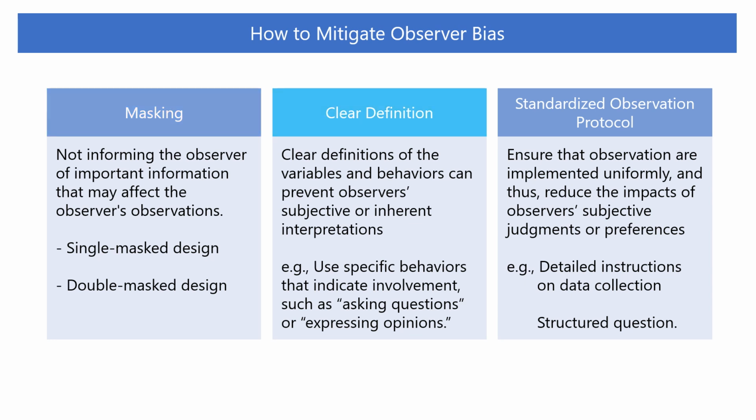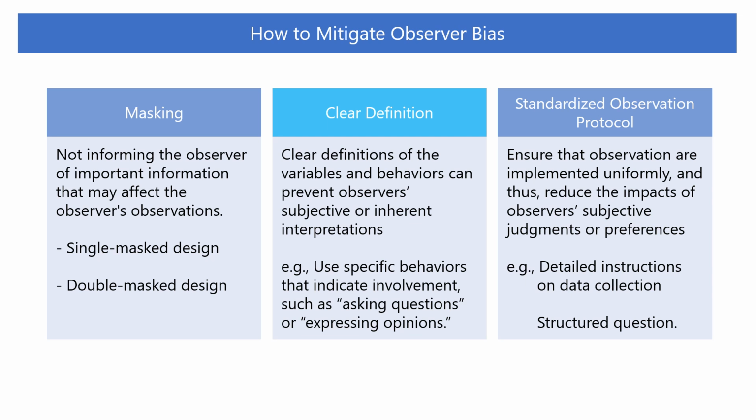The second is a clear definition of what is to be observed. By clearly defining the variables and behaviors that the observer should observe, it is possible to reduce bias due to subjective or inherent interpretations by the observer.